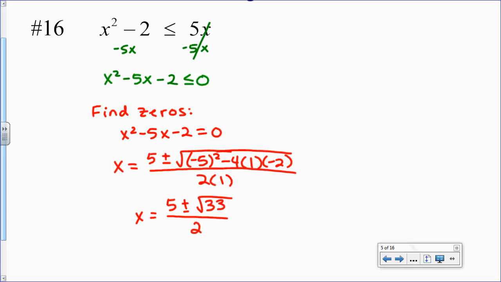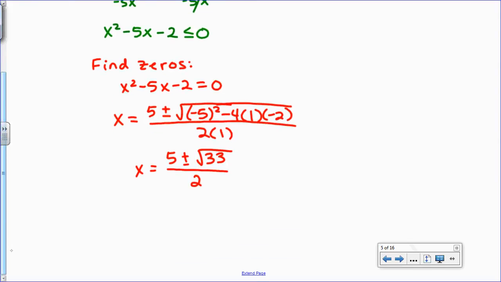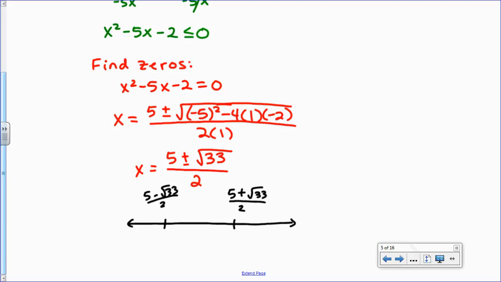No, so these are x-intercepts. These are zeros. And they are x-intercepts. So even though it's irrational, I still had x-intercepts. So these are the two that I have to graph. So the smaller one would be 5 minus square root of 33 over 2. And then 5 plus square root of 33 over 2.